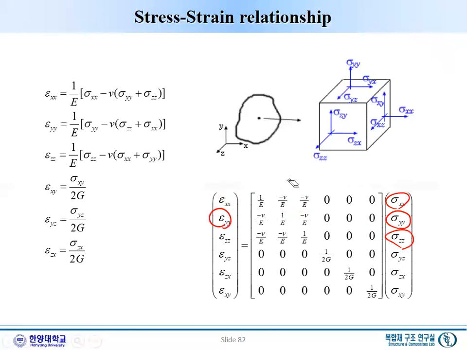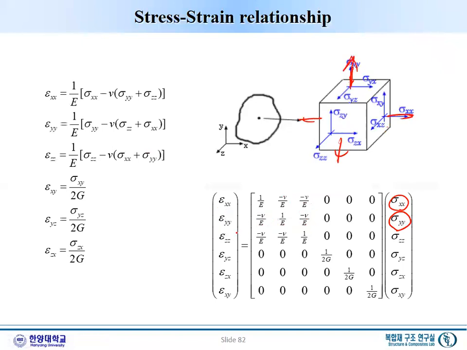Let's take a look at epsilon y caused by sigma y, right? That's the definition of Young's modulus. And now sigma x will shrink it. When you apply this one, it will cause this, and this one will change this much, and that is another one, right?